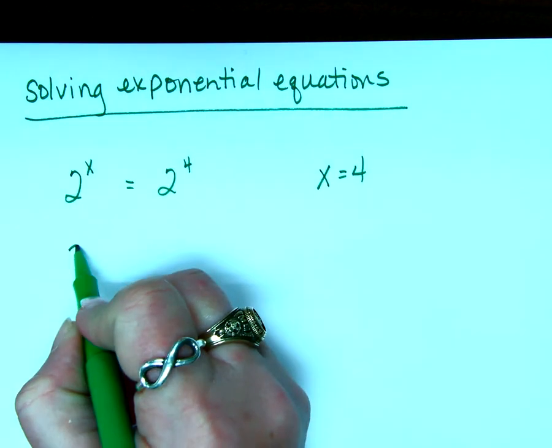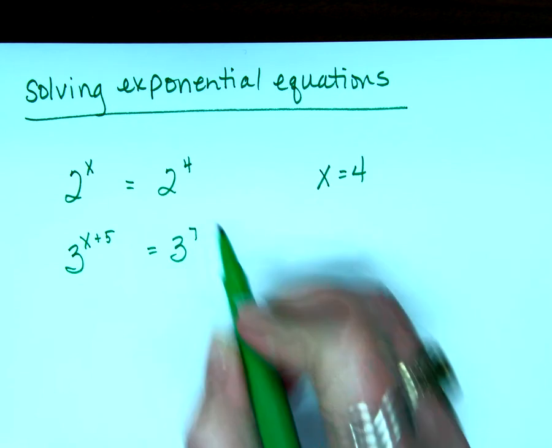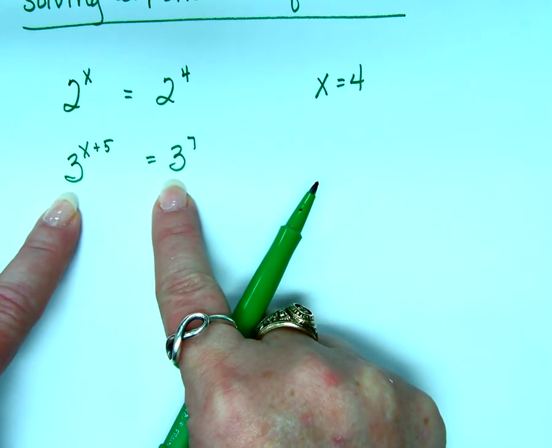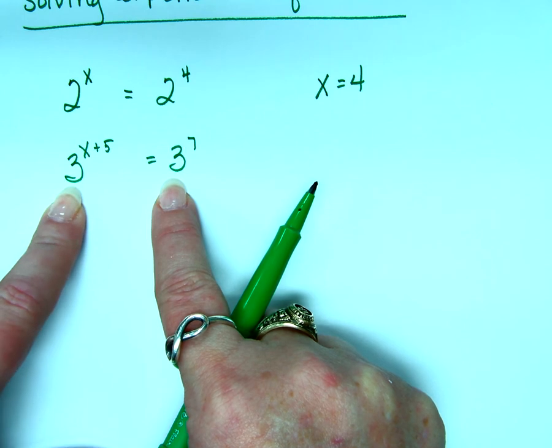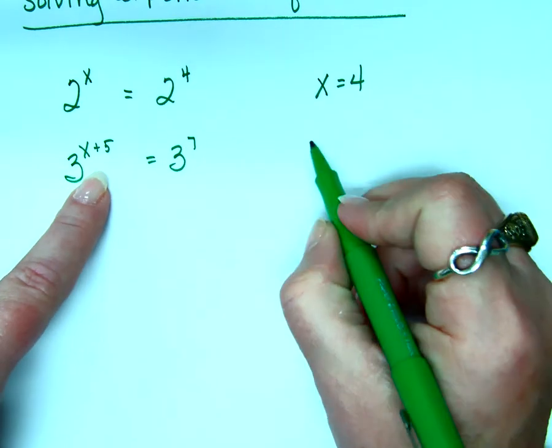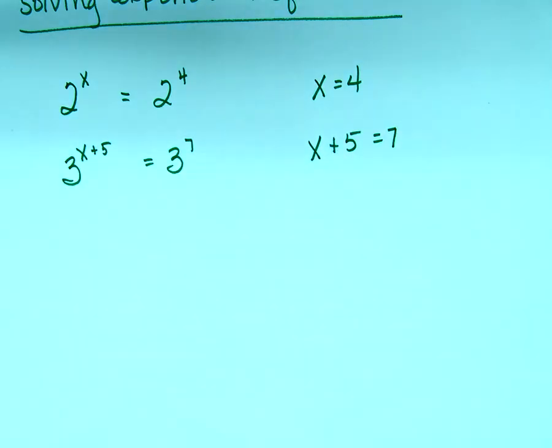What about this? 3 to the x plus 5 equals 3 to the 7th. Are the bases the same? Yes, then what should also be the same? The exponents. So can I write x plus 5 equals 7 and solve that equation? Yes.